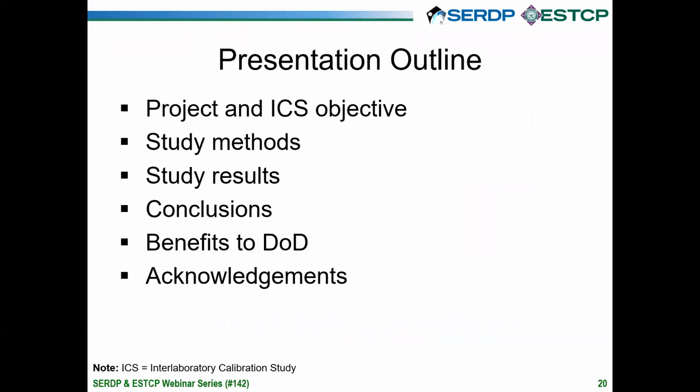So to start, my presentation is going to follow the outline as shown with my project objective, the methods and results that came from this ICS study, and then I'll follow with conclusions, DoD benefits, and finish up with acknowledgements.